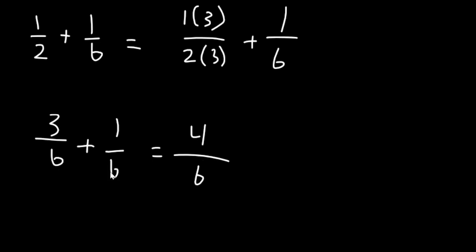You do not touch the denominator. It still stays the same. You add the numerators, you get 4 over 6. However, this still can be simplified. 4 can be divided by 2. So can 6. 4 divided by 2 is 2. 6 divided by 2 is 3. So this can be simplified to 2/3.